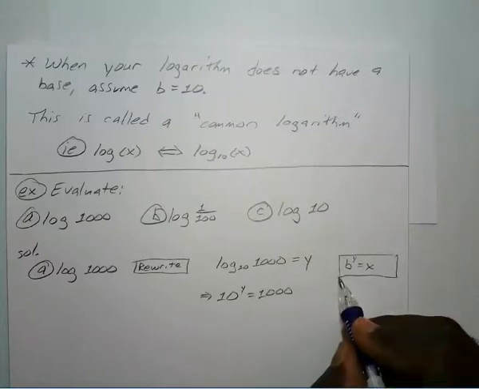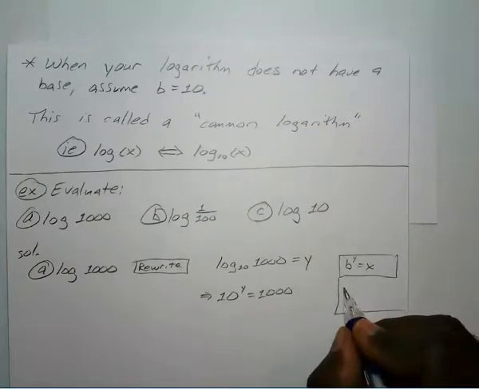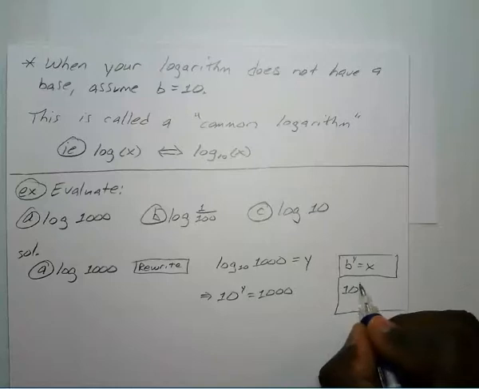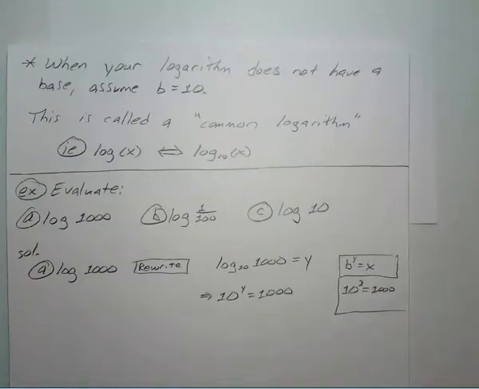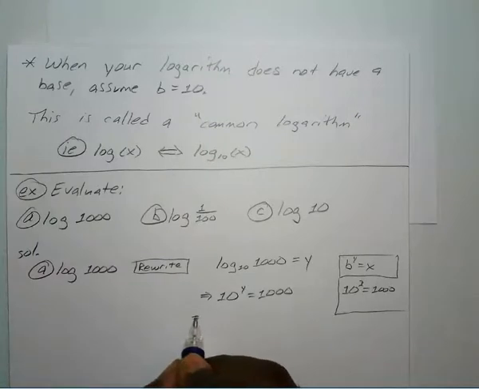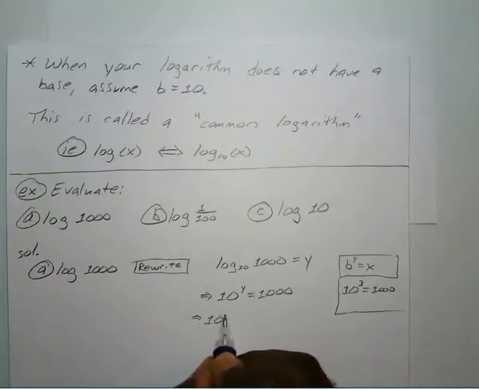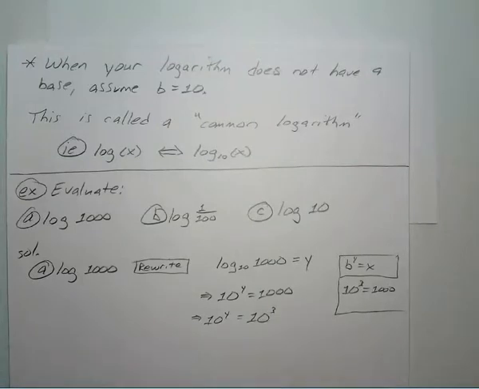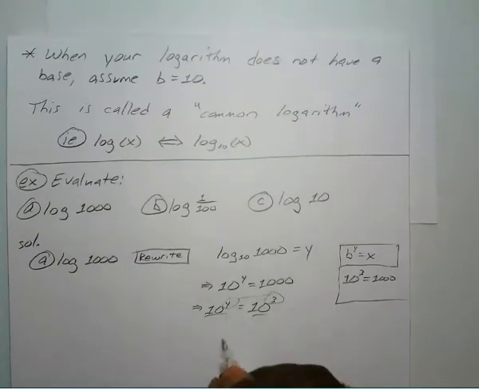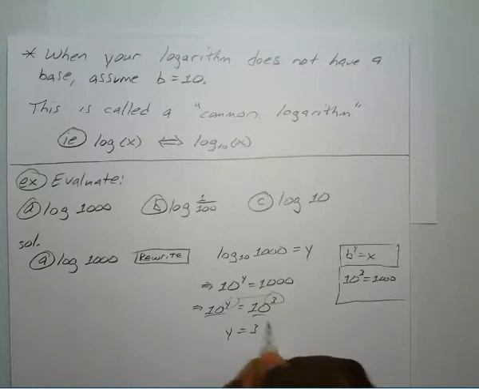Now we can also remember that 10 to the third power is equal to 1000. So we have 10 to the power of y is equal to 10 to the third power. Our bases are the same, so these two exponents would have to be equal. So we see here that y is equal to 3.